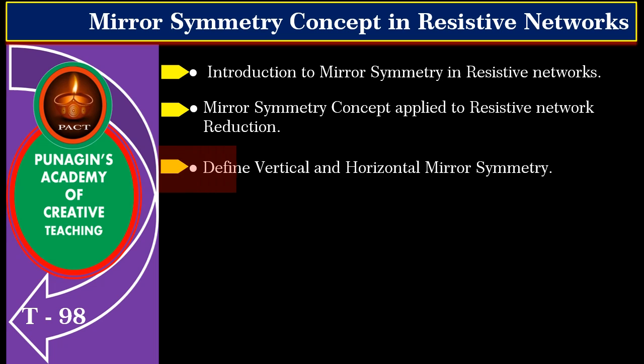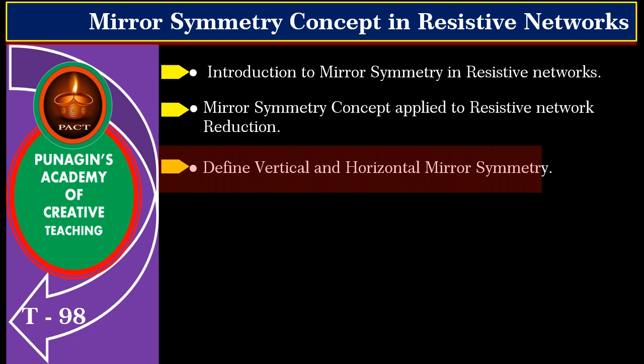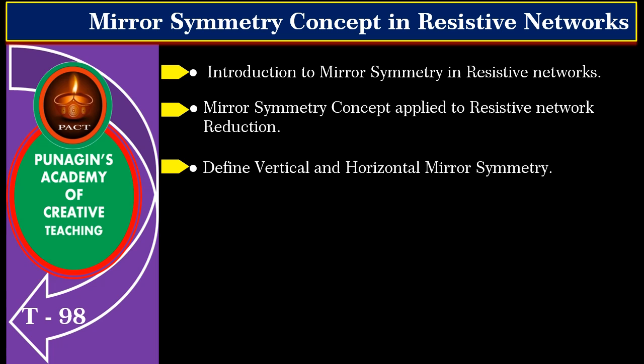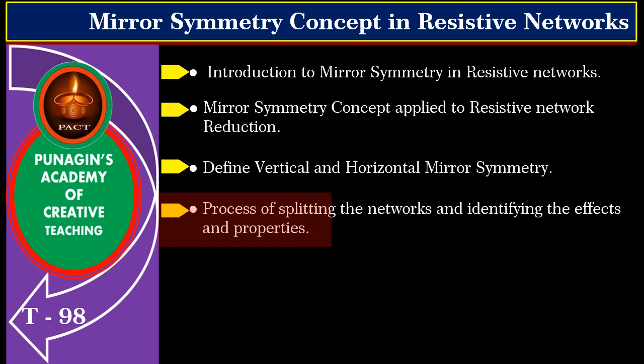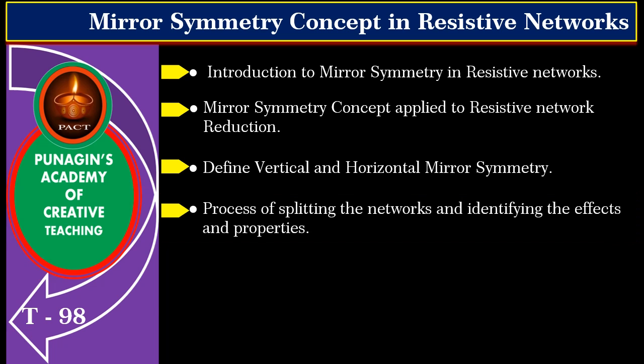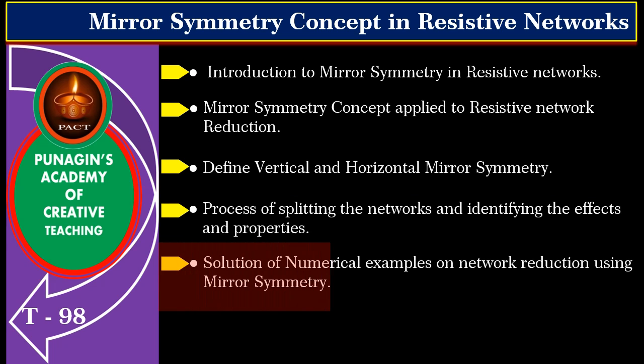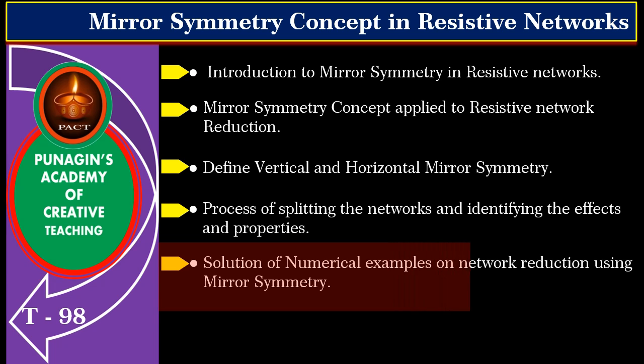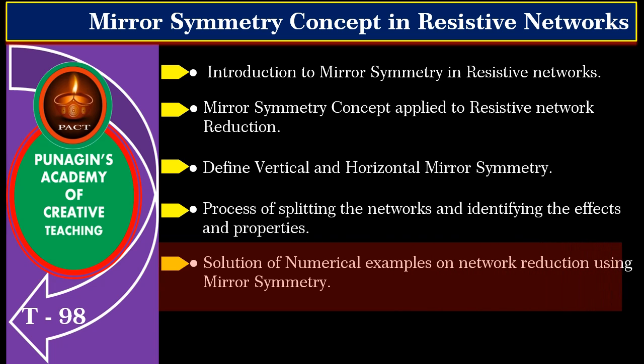Then we shall define vertical and horizontal mirror symmetry. Later, we shall learn the process of splitting the networks and identifying the effects and properties in relation to mirror symmetry. Finally, to emphasize the concept learned, we shall solve some numerical examples on network reduction using mirror symmetry.